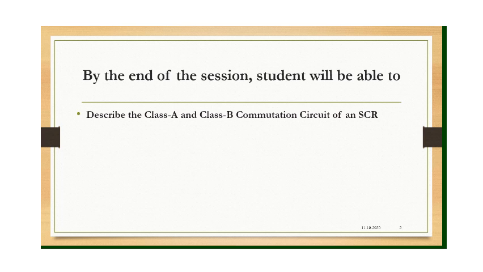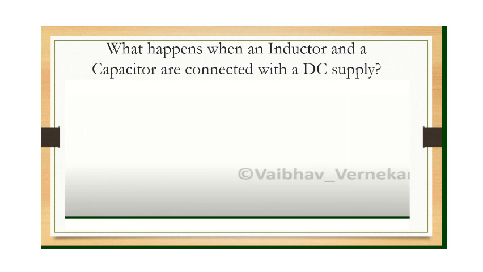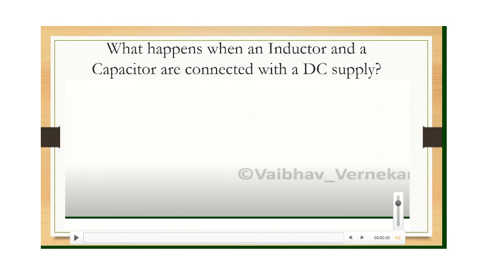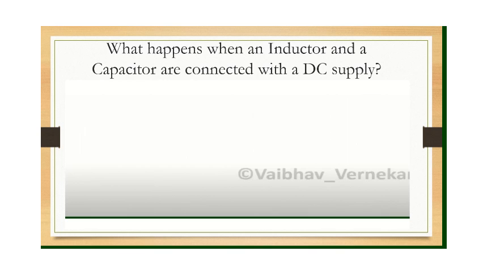Before moving on to our actual class A and class B, let us understand what happens when an inductor or a capacitor is connected in a circuit with the DC supply. There is an animation here which I have used from YouTube, which will help us to understand its working.